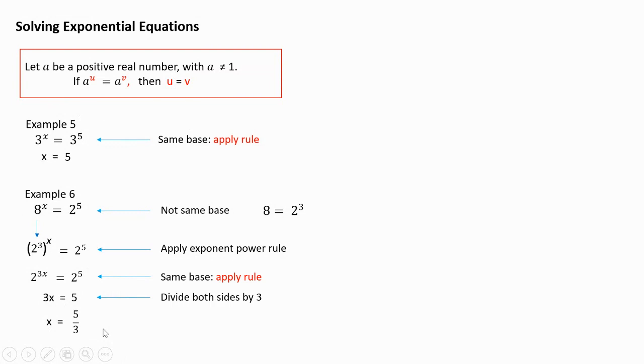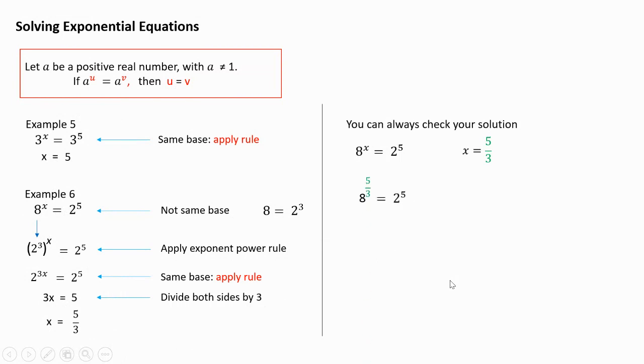Now, the best thing about all these, when you're solving, is that you can always check your work. So how can we check our work? We go back to the original problem here, example number 6. I'm going to plug in 5/3 for x. X equals 5/3, right? That was my solution. So there's my 8 raised to the 5/3 power equals 2 to the 5th.